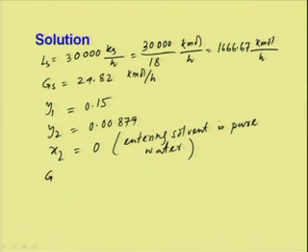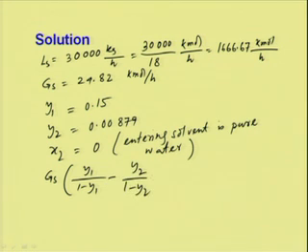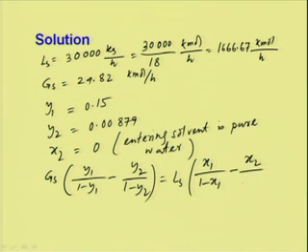Gs into Y1 by 1 minus Y1 minus Y2 by 1 minus Y2 will be Ls into x1 by 1 minus x1 minus x2 by 1 minus x2.